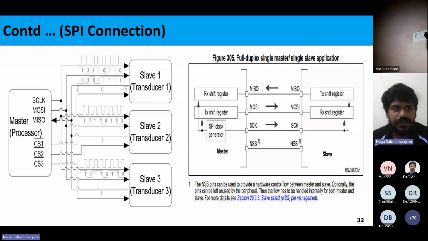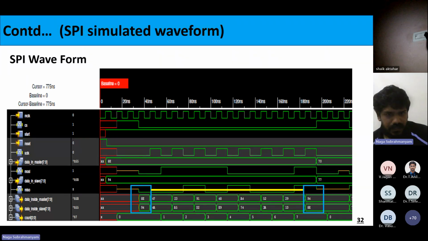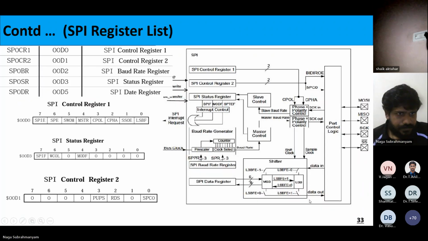As I told you previously, everything is register based. The master side has some registers, the subordinate side has some registers, and they put the data into those registers. Here I kept 8 bits, and after 8 clock cycles I got the data. So these two exchange after 8 clock cycles. These are the various registers inside the SPI.